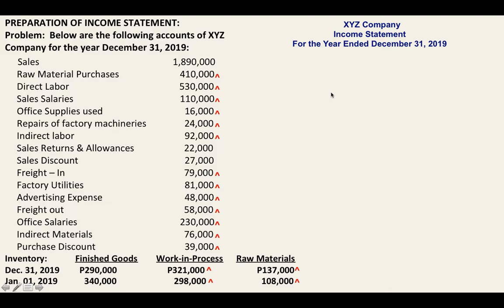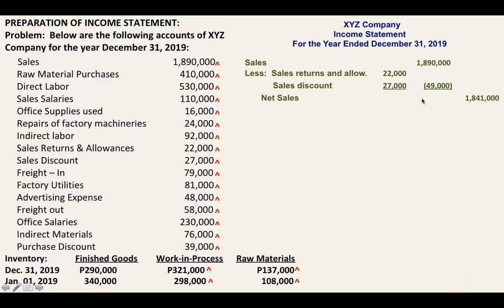We have to present our sales, which is 1,890,000. And then we present the contra accounts of sales, which are sales returns and allowances and sales discounts. Now we can compute the net sales. We have a net sales of 1,841,000.